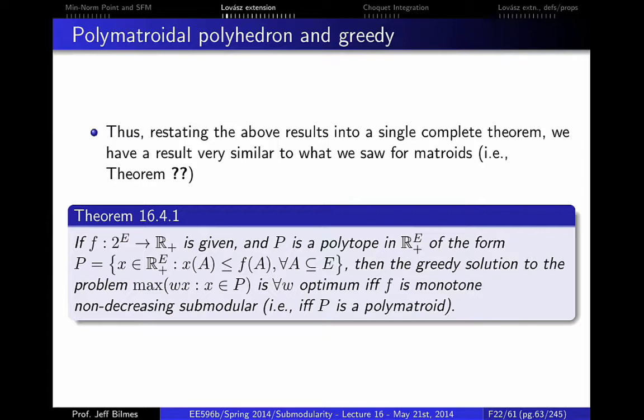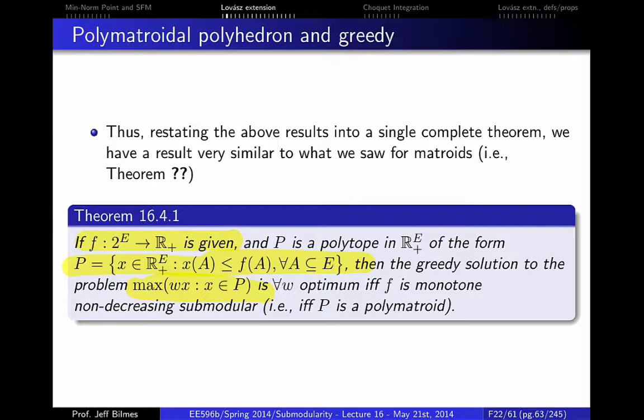If we take some function f and define a polytope in this particular form, then if the greedy solution to this problem is optimal for all possible w, then f is monotone non-decreasing submodular, namely P is a polymatroid. We also showed previously that that's equivalent to the definition of P being a polymatroidal polytope.